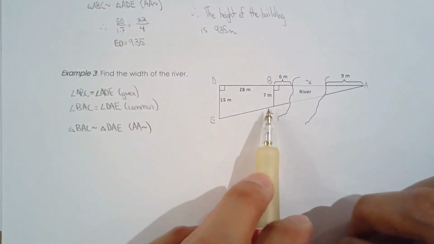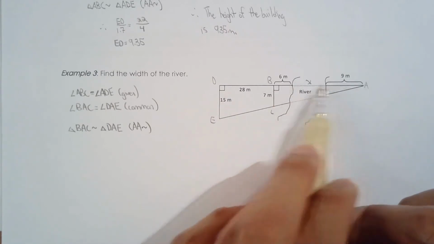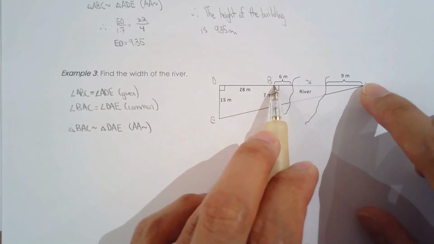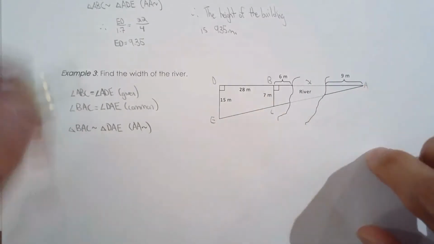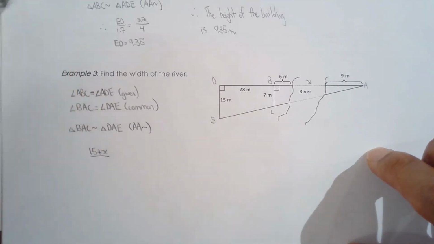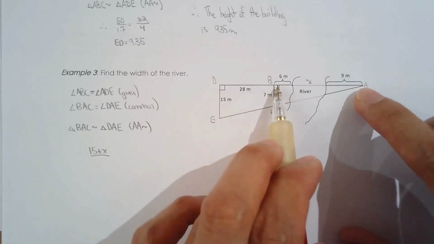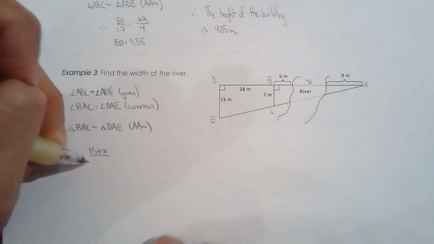So, this is the small one, and this is the big one. We're going to do 6 plus 9 is 15, and so AB is 15 plus x. Or I'll say x plus 15, over the whole thing, which is x plus 15 plus 28, and 15 plus 28 is 43.